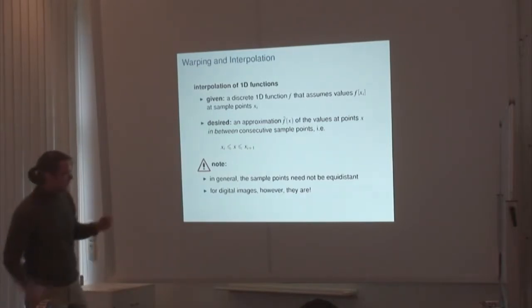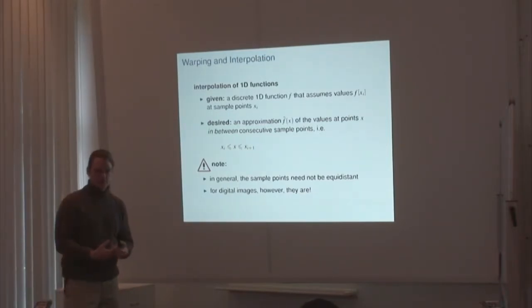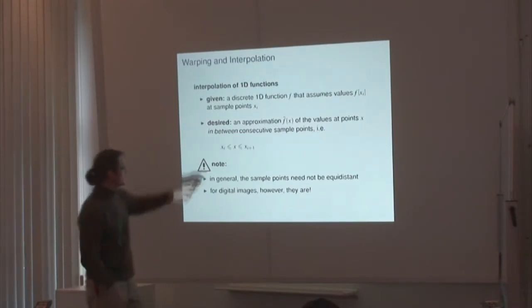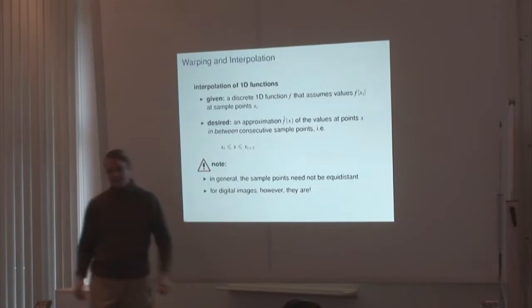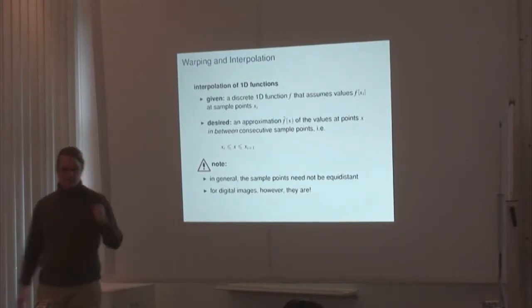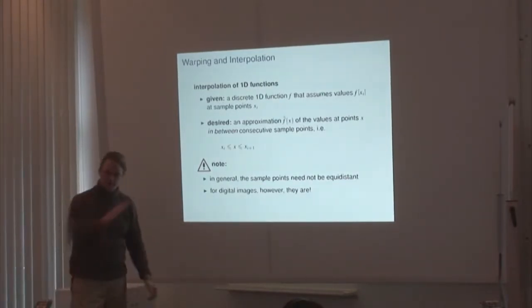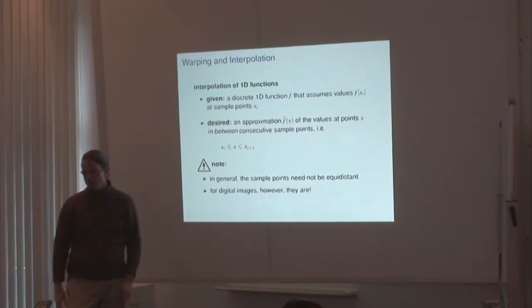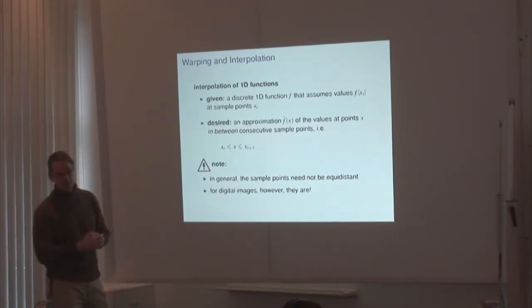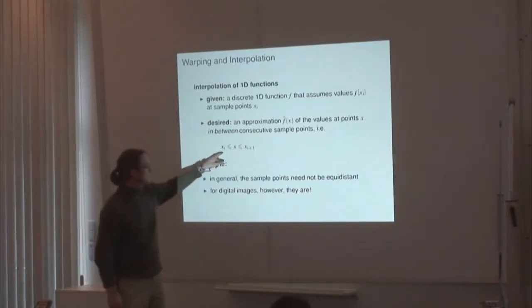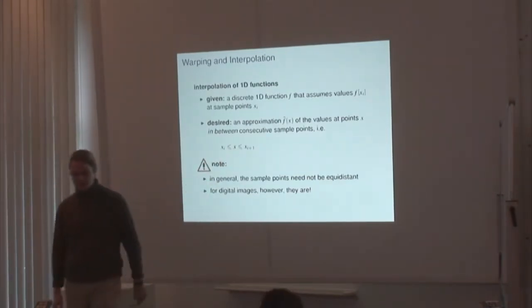However, we are interested in digital images. And for digital images, of course, these points indicate pixel coordinates, right? And they are equidistant. The distance between any 2 pixel coordinates in one direction is always 1. So this is great because we can somewhat simplify our lives by assuming that these discrete coordinates are equidistant.